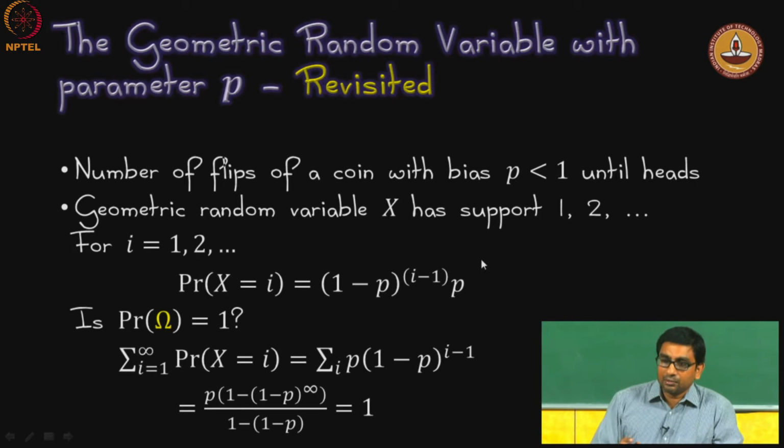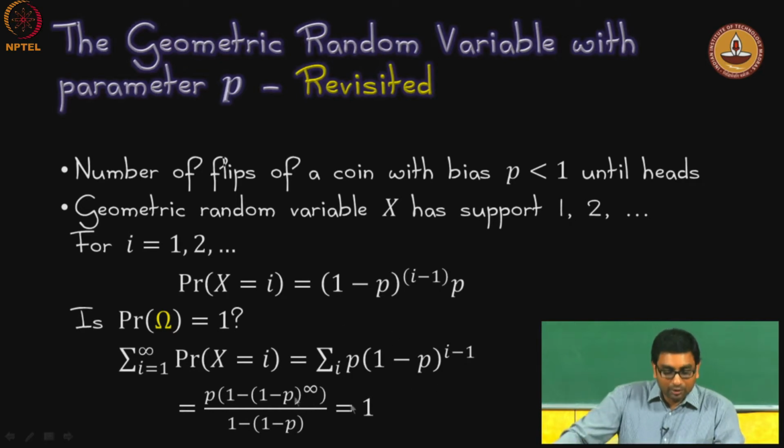If it is a proper distribution, you need to have this property that the probability of the sample space should equal 1. Okay. And let's see if we can verify that. You can verify that just by summing over all possible elements in the sample space the probability that x takes the value corresponding to that i.